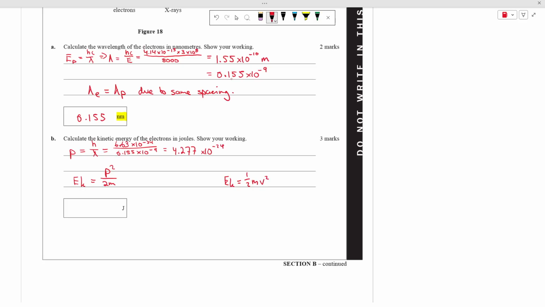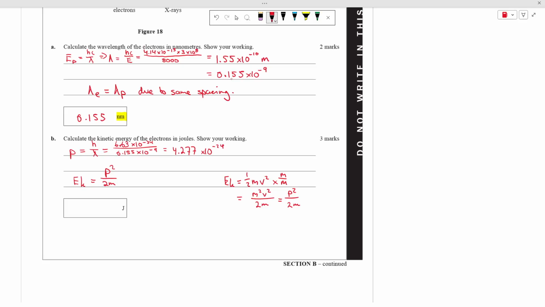Okay, if I multiply this by m over m, which is basically 1, I get m squared v squared over 2m, and momentum is m times v, so on the top I've got m times v, squared, which is just p squared. Okay, so that's how you get your modified kinetic energy formula.